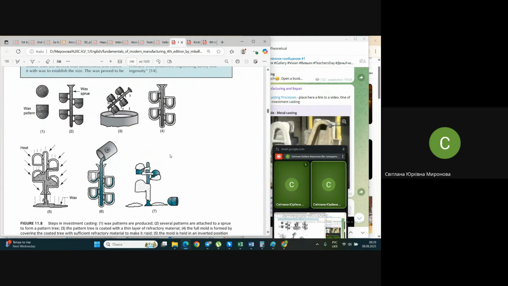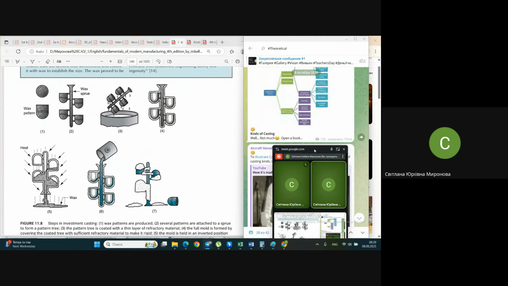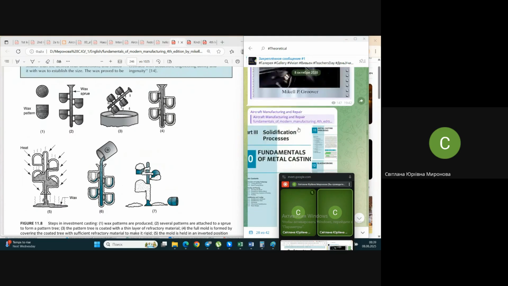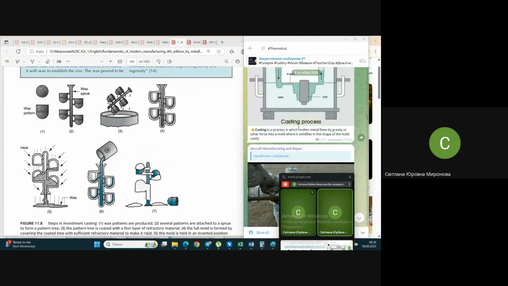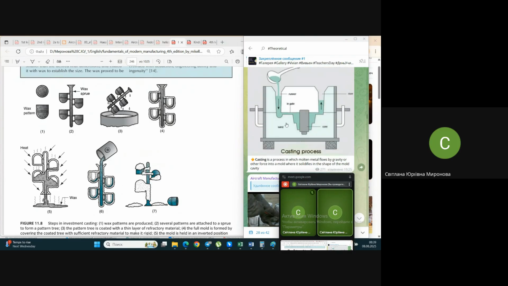Once again, a sand casting mold is made by compressing a mixture of soil, sand, and binder, some adhesive material, and we just compress this mixture with a solid mock-up of the part.